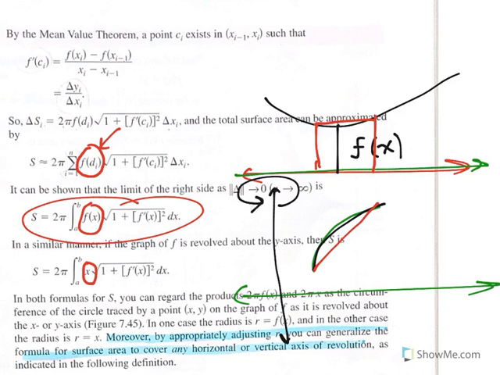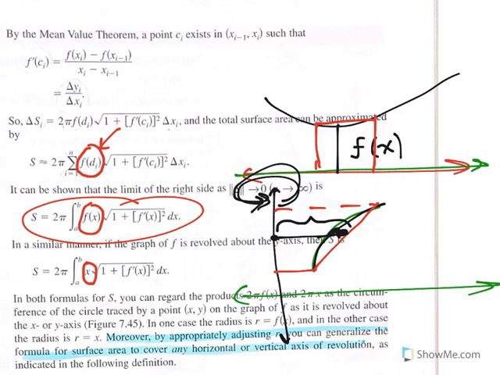If the axis of revolution is the y-axis, this would be the smaller radius, this would be the larger radius, and the average of the two radii will be somewhere in the middle, and you can find that average, and that average will be equal to the distance from the axis of revolution, the y-axis, to some particular point on the curve. So I may have to adjust my diagram a little bit to make it work out, but that distance would be the average radius.